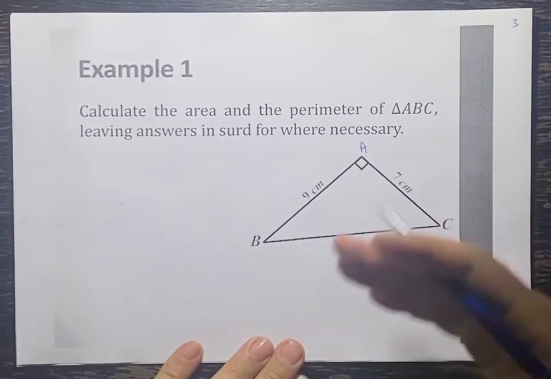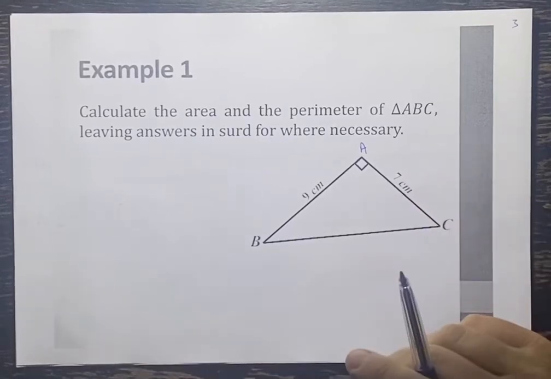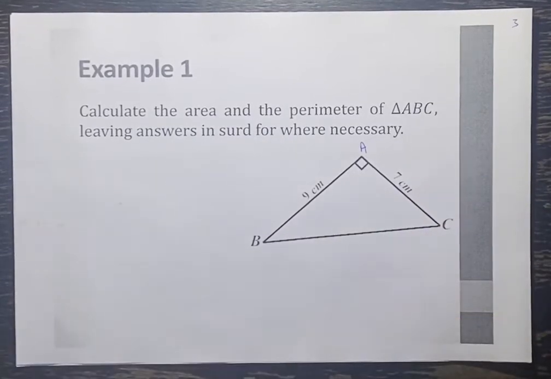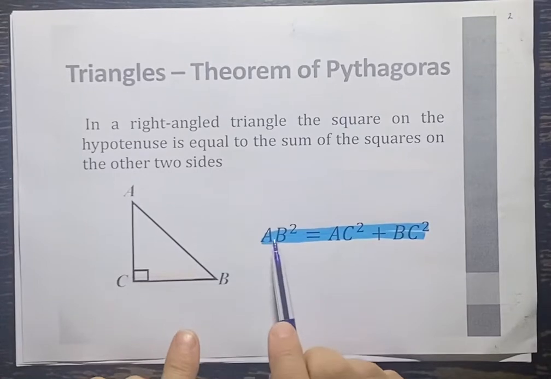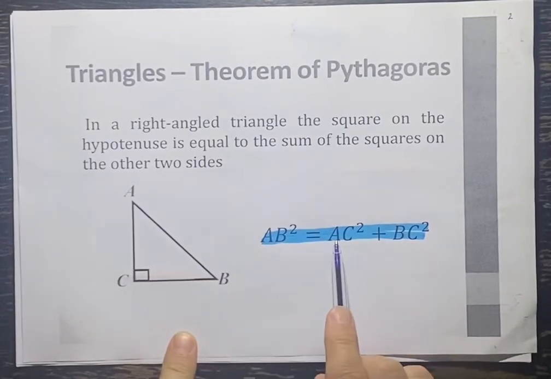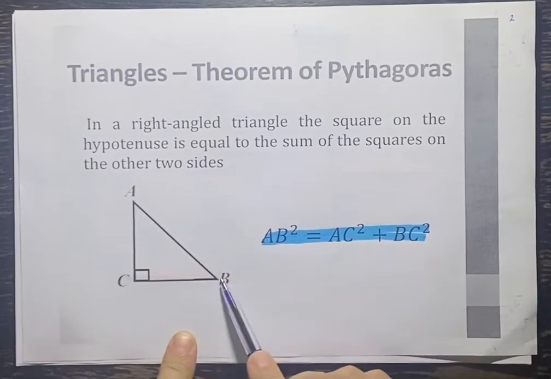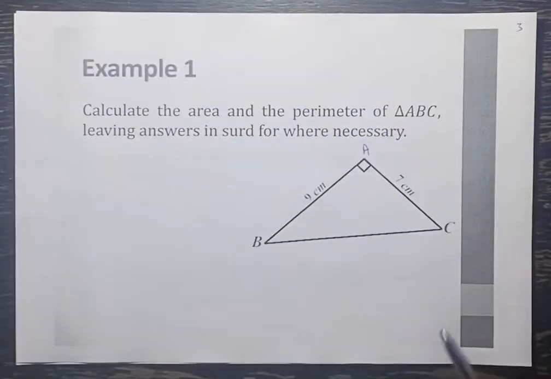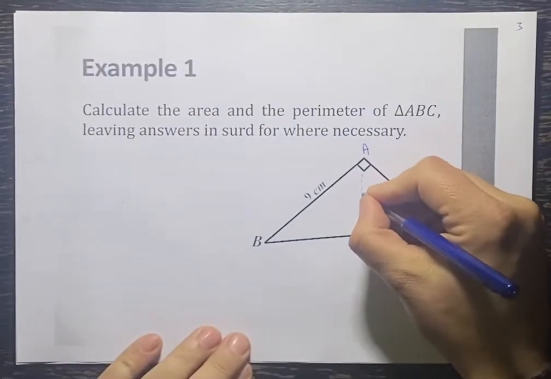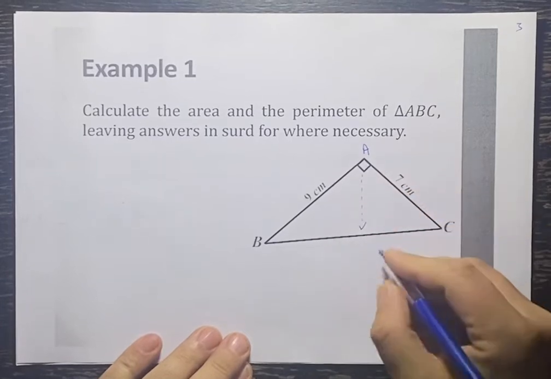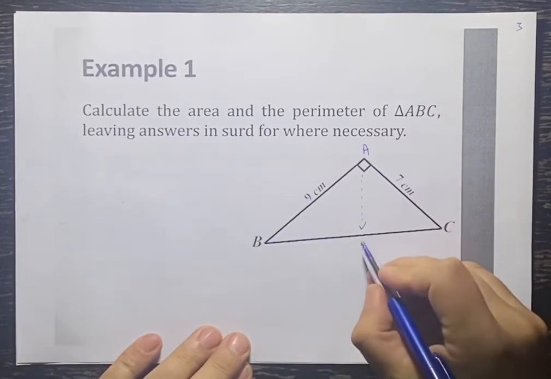So what I can do is use Pythag, okay? Remember that your hypotenuse squared is equal to the sum of the other two sides squared, and that is what I'm going to do here. This side that we don't know is opposite the 90, so that is our hypotenuse.